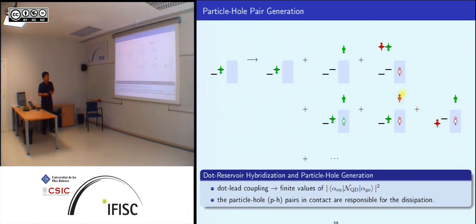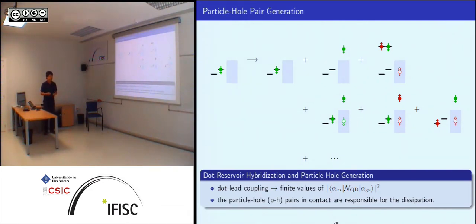Then what we have is some particle-hole pair in the leads. Actually, the particle-hole pair is responsible for the resistance. So here we have the particle-hole pair, and due to some relaxation process in the quantum dot, they will recombine together and emit some energy, so some dissipation.